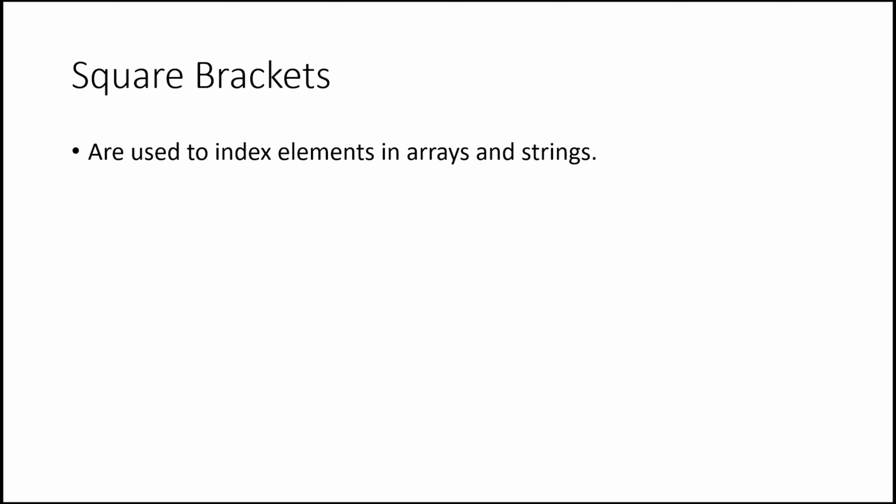The backslash is next to the two buttons on the left side, and next to those two buttons is the P key. So between the P key and the backslash, there are two buttons. The first button is the left square bracket, and the next button is the right square bracket. So those are square brackets. In programming, we use them for indexing elements in arrays and strings.